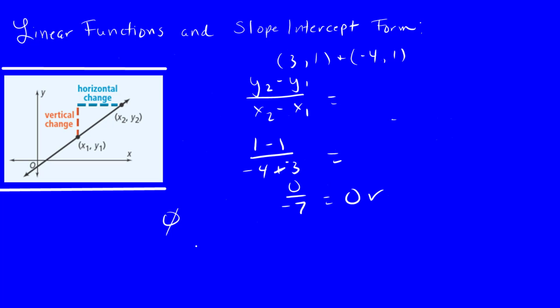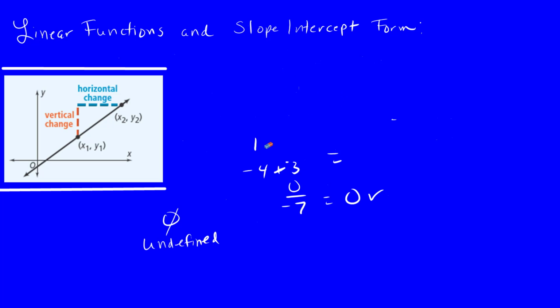If it equals 0, then we're going to call that slope undefined. So let's do an example where we have an undefined slope and we still take it through the rigors of making sure that we use the slope formula to get at our slope.